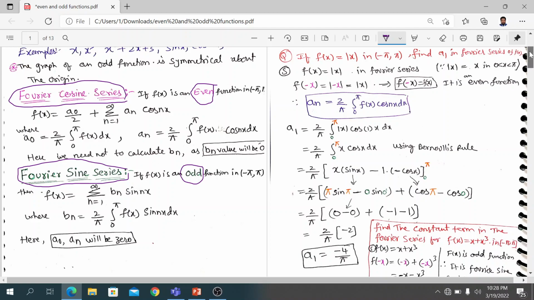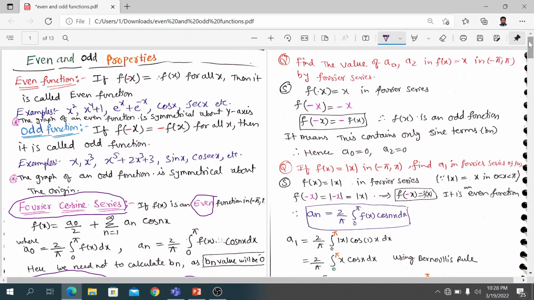Let us see some problems. Find the value of a naught and a2 in f of x is equal to x in the range minus pi to pi by Fourier series. See the solution. This is your f of x, the given problem. Let us check f of minus x. Substitute minus x, minus as it is.